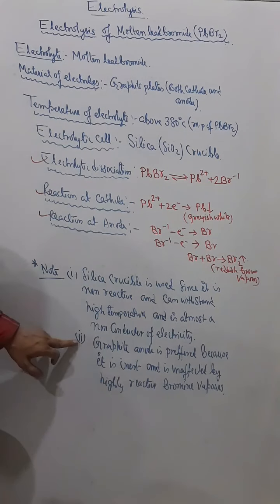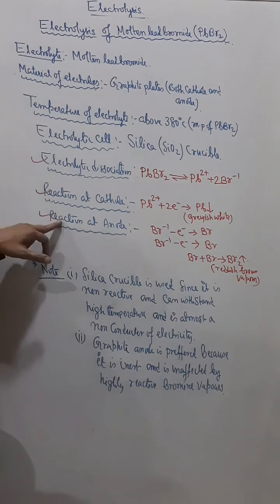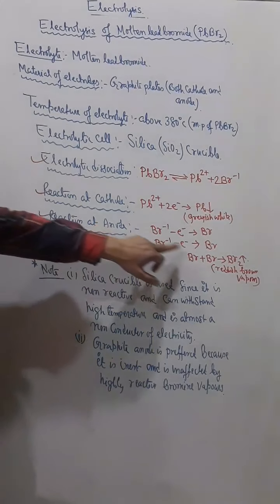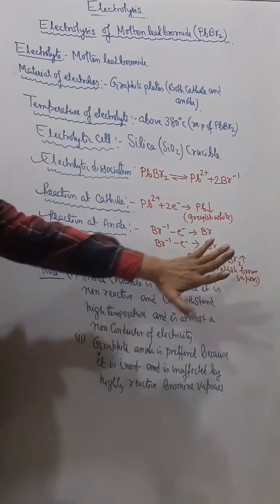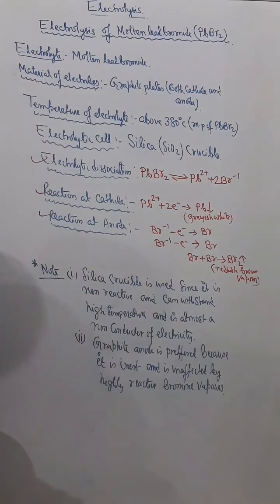And then why do we use a graphite anode? Graphite anode is preferred because it is inert, it's unreactive, and is unaffected by highly reactive bromine vapor. So you can understand at the anode we are getting bromine vapor. Now chlorine and bromine are very highly reactive.